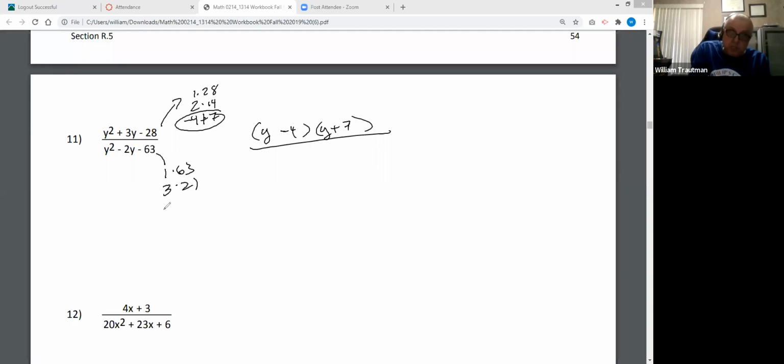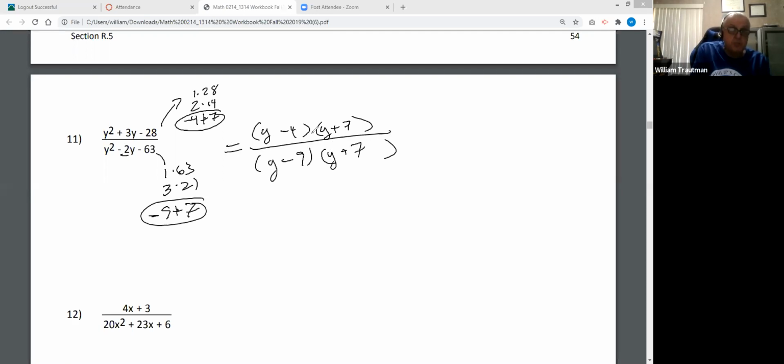You can put all this in your calculator and check it out. 9 times 7 is 63. And the only way to get a negative 2 is a negative 9 and a plus 7. So a negative 9 and a plus 7.